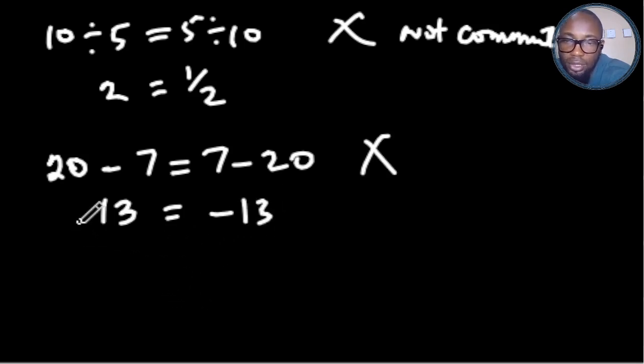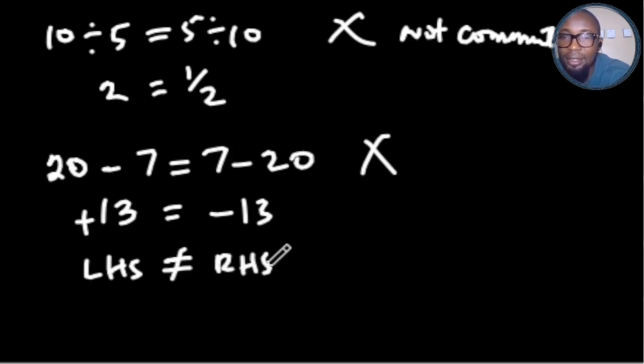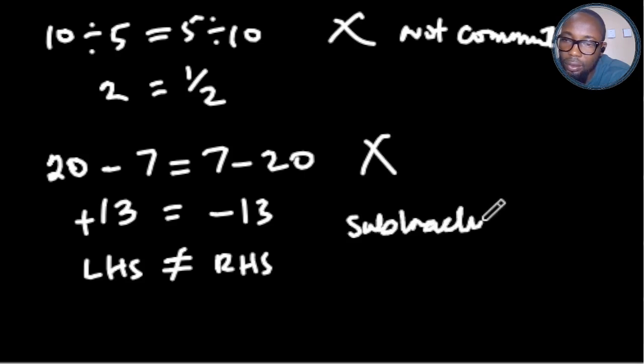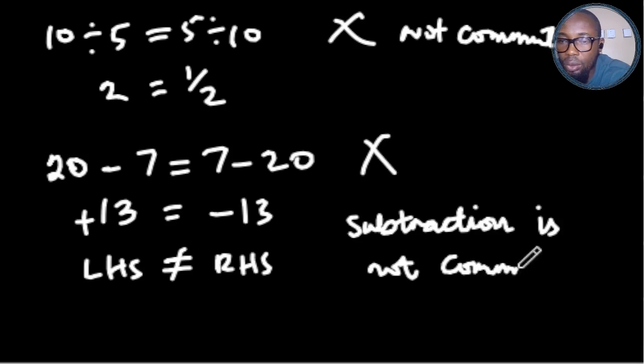Negative 13 and positive 13 are not equal. So left hand side not equal to right hand side. So subtraction is not commutative.